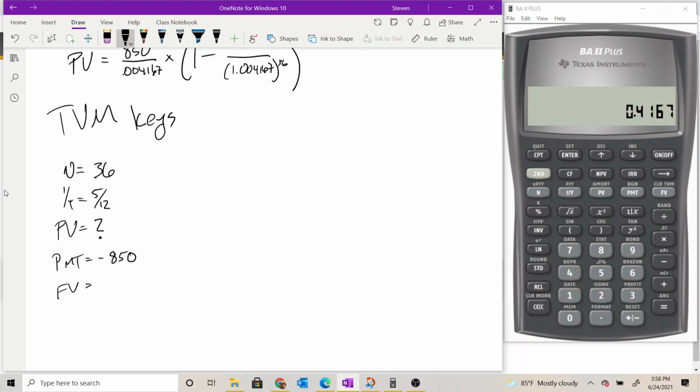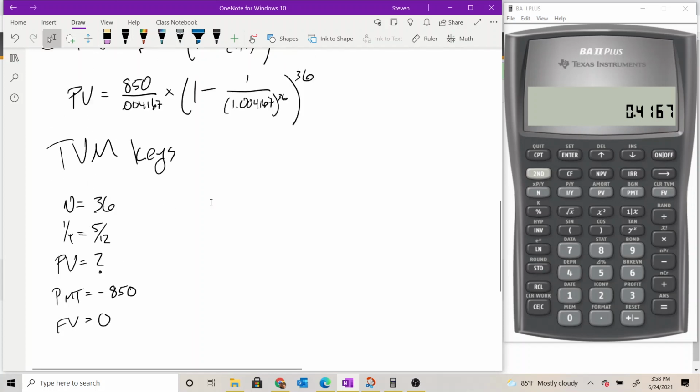And then future value is 0, not because the future value of this annuity is 0, it certainly isn't, but what we plug on these 3 cash flow keys, the present value, the payment, and the future value, are the actual cash flows that happen at the corresponding part of the timeline, where present value is at tick mark 0, future value is a cash flow at the last tick mark, and then payment is what happens over and over again throughout the timeline.